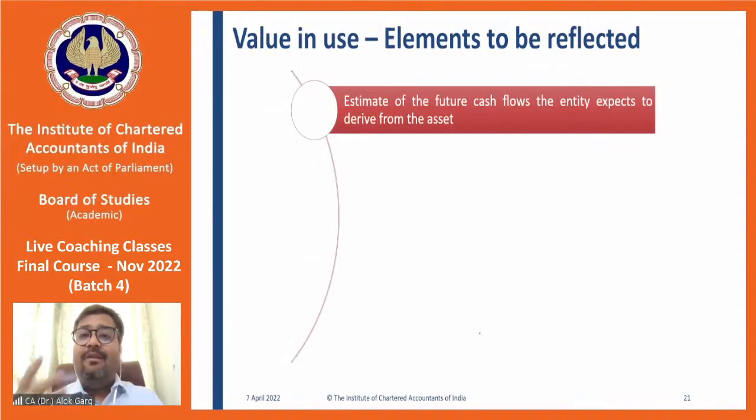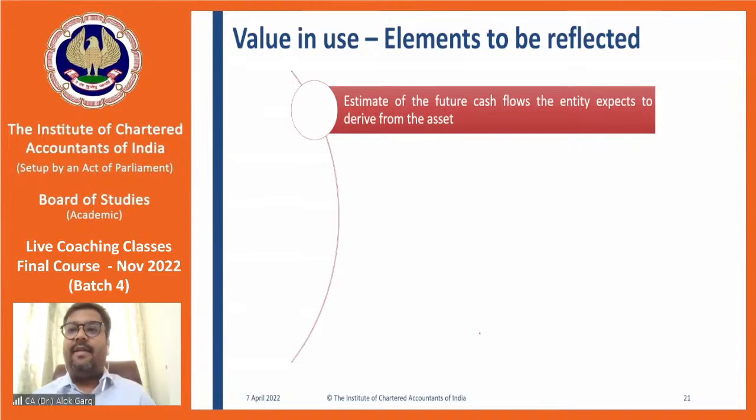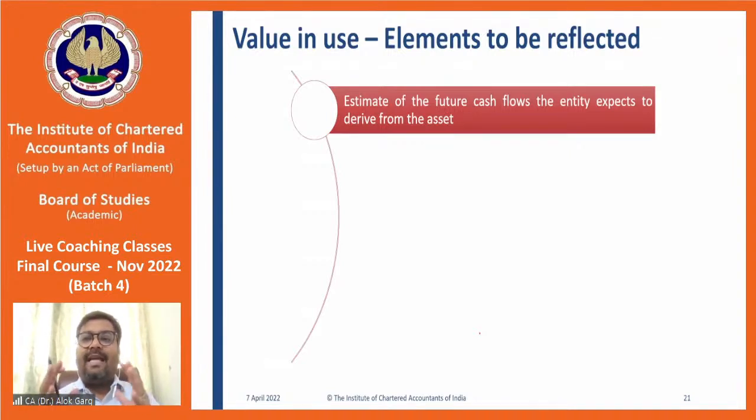What value in use reflects, what are the elements which are reflected in the value in use. Estimate of the future cash flow of the entity expected to derive from the asset, right? So whatever cash flows we are expecting, of course, it is from the underlying asset. So we need to estimate the cash flows only from those assets which are going to be impaired, or for which you are calculating the value in use, for which you are doing the impairment testing.